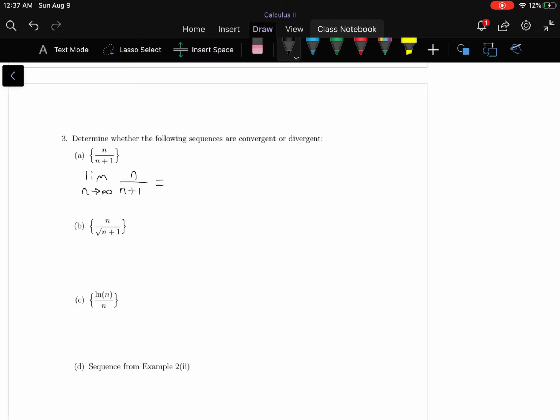That's going to be infinity over infinity, which by L'Hopital's is the same as the derivative on top over the derivative of the bottom, which is 1, and that limit is 1. So since we have a finite limit, that means that this sequence is convergent.